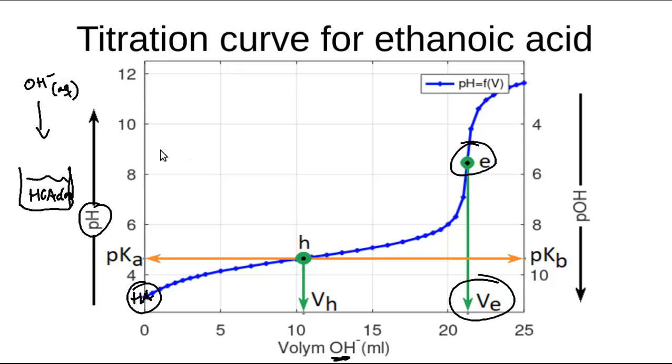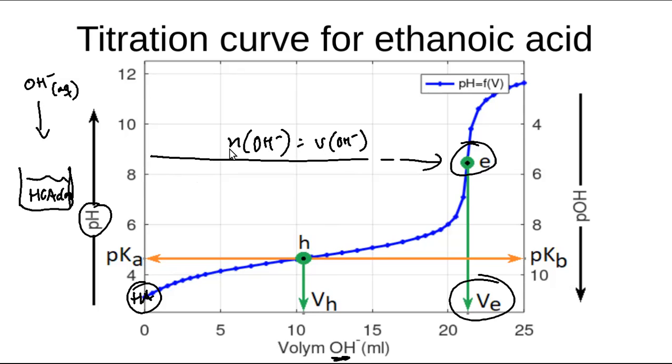That means that the amount of hydroxide ions, which is equal to the volume of the hydroxide solution times the concentration of the same ions, is equal to the amount of acid from the beginning.